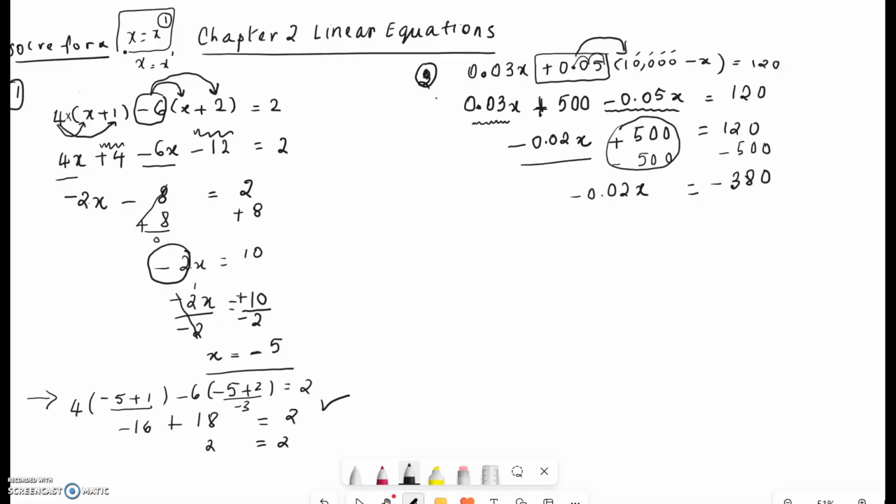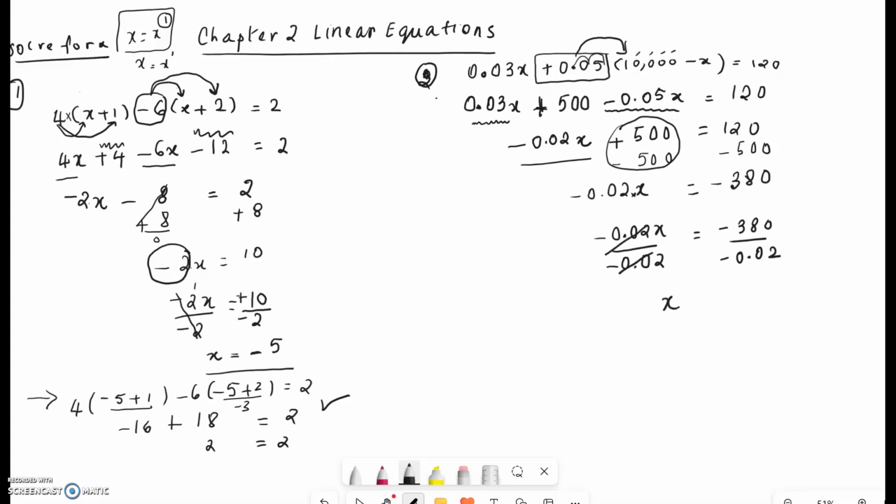Now negative 0.02 is multiplied to x, and the only way to get rid of it is by dividing both sides by the exact same number, negative 0.02, and that's equal to negative 380 divided by negative 0.02.